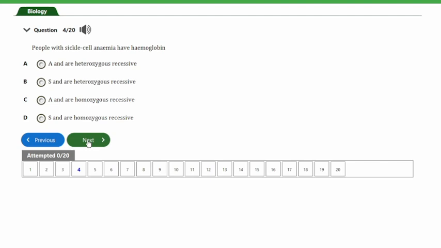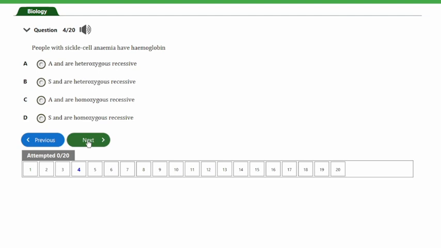So guys, in someone who has the sickle cell anemia, the hemoglobin is abnormal. So this causes the red blood cells to become hard and sticky and have this sickle shape, looking almost like a C shape. So guys, the sickle cells can easily die and cause a constant shortage of blood.